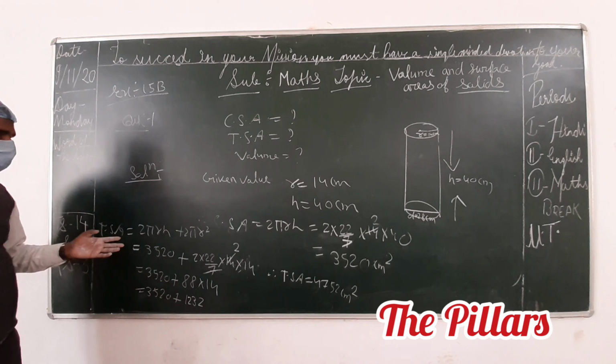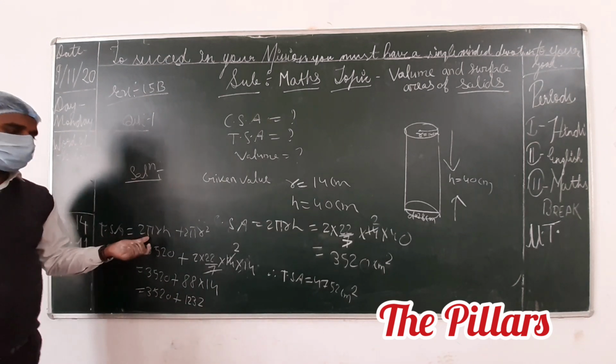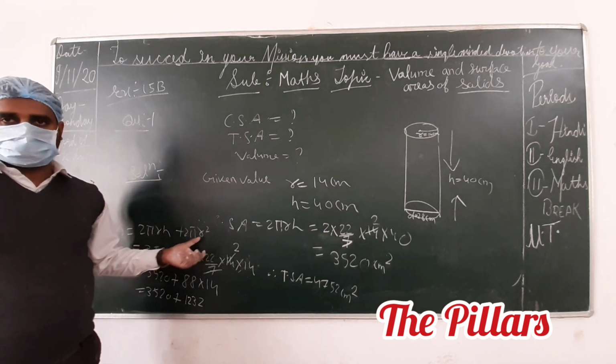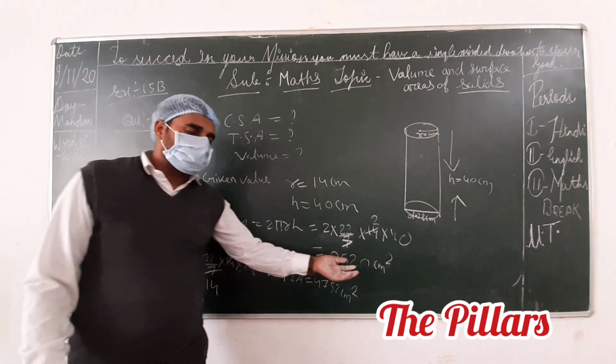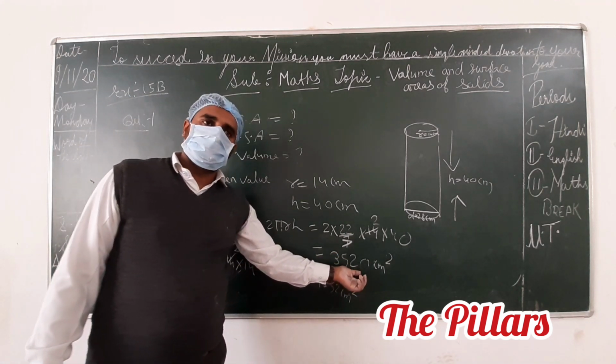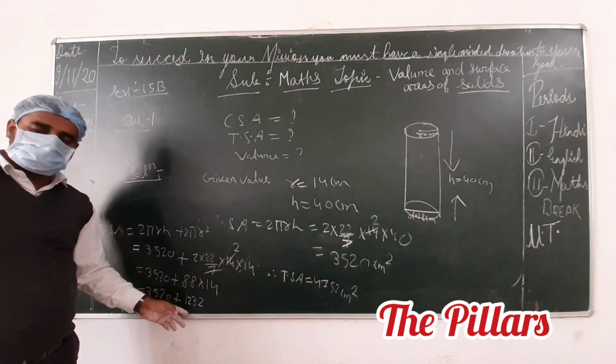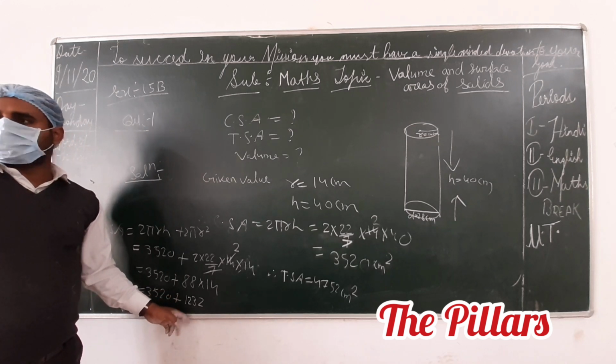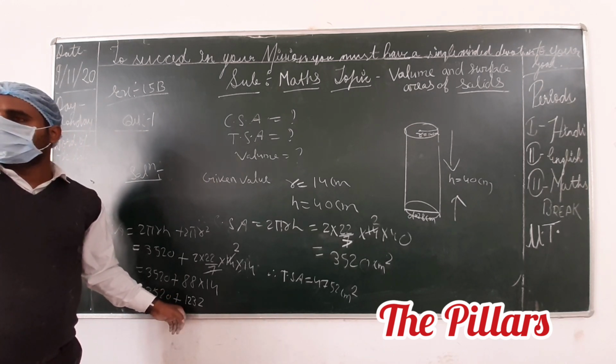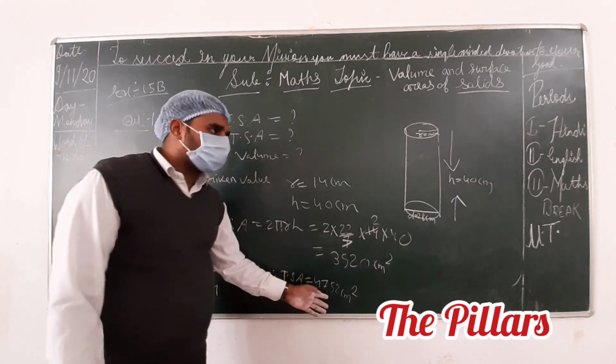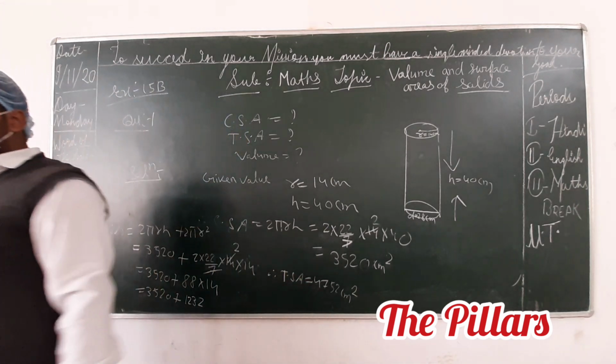Now we want to calculate the total surface area: 2 pi r h plus 2 pi r square. The value of 2 pi r h is 3520, plus 2 pi r square, which is 1232. And this will be equal to 4752 centimeter square.